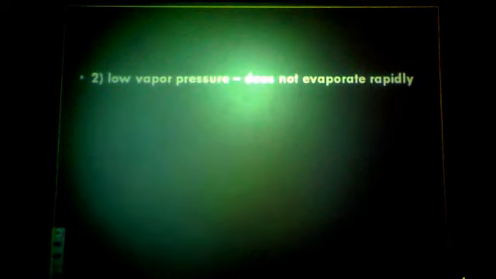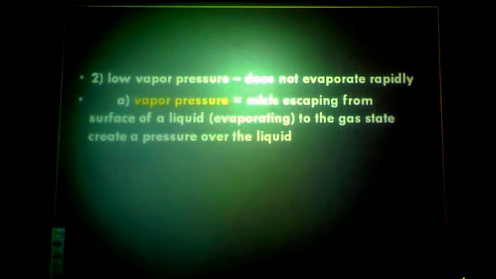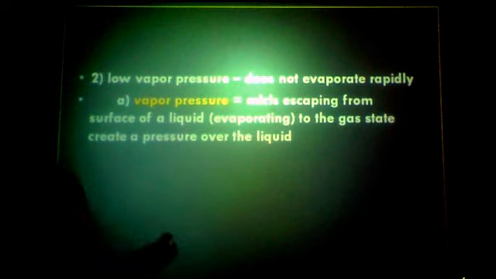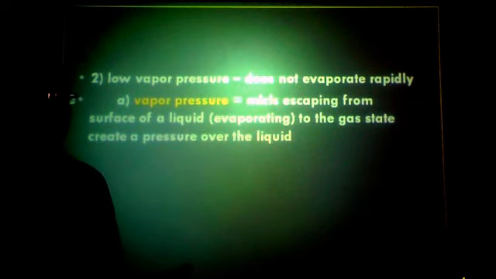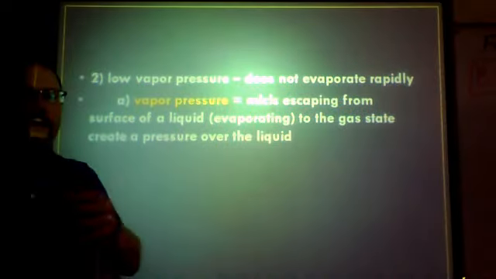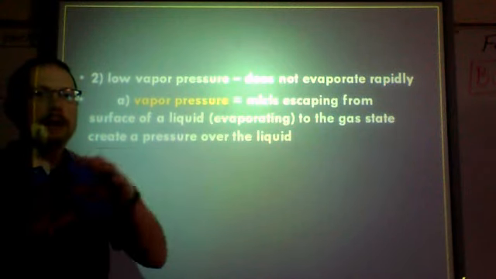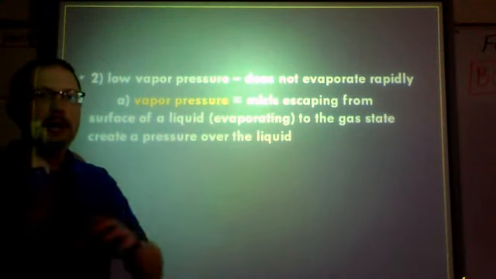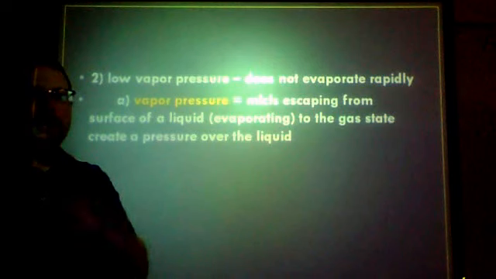Another property of water caused by hydrogen bonding is that water has very low vapor pressure, meaning that it does not evaporate very rapidly. Anytime a substance evaporates, whether it's water, alcohol, or whatever, you've got a container of it, and up there at the top of the container, those liquid particles are in constant motion, randomly moving and bumping into each other.